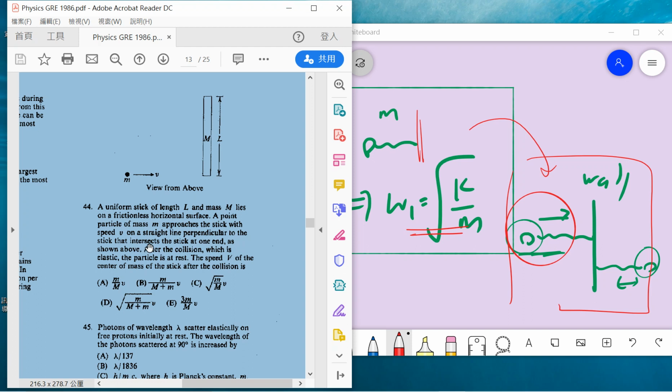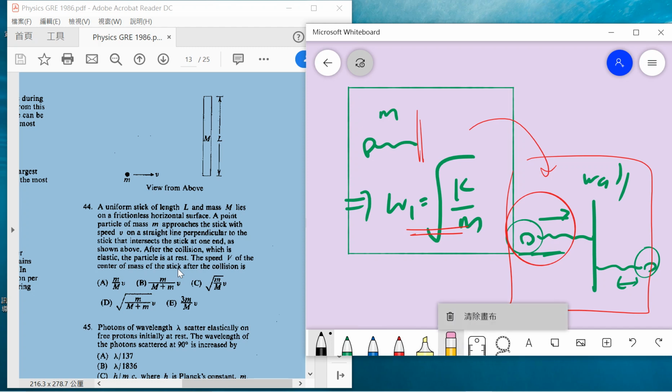It says the particle moves perpendicular to the stick and hits it at one end, the collision is elastic, and the particle is at rest afterward. So you have this kind of information.